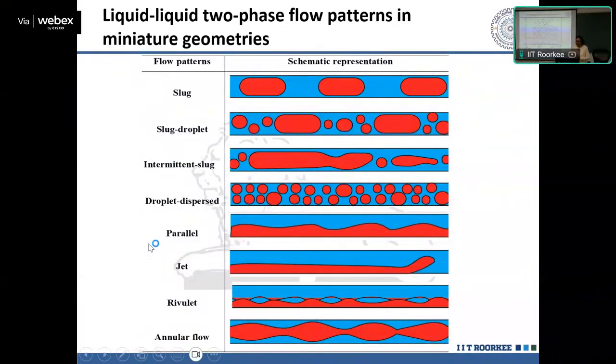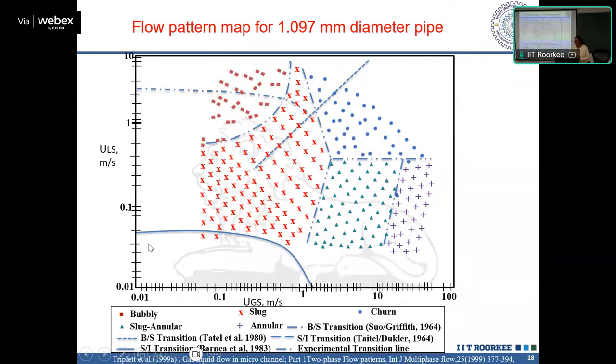So the basic idea is that this is not a good match when we try to use our knowledge from macro channels and match the transition geometries for miniature ones. They are not fitting, again emphasizing the idea that the forces responsible for the formation of flow patterns in miniature geometries are different from those in macro geometries.